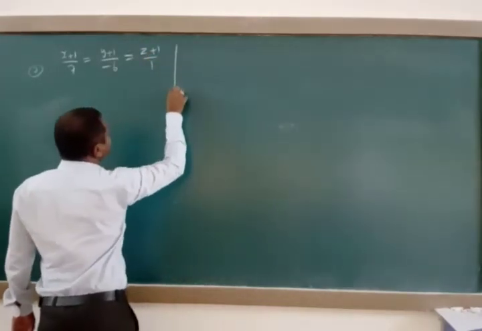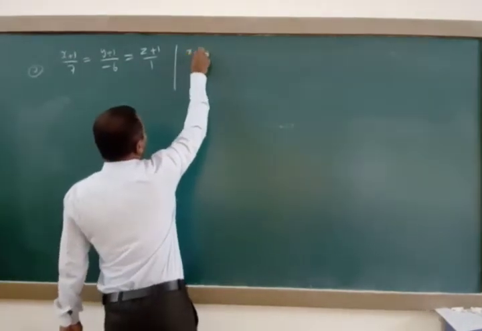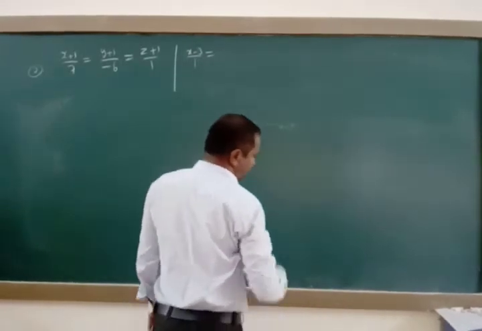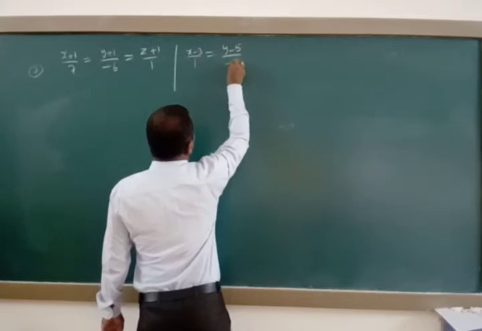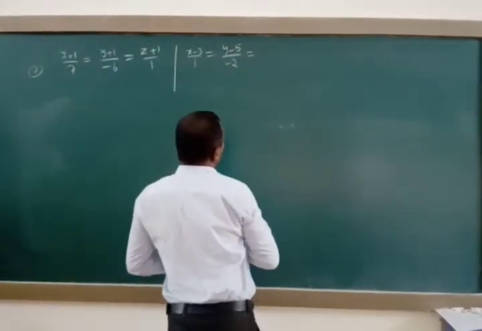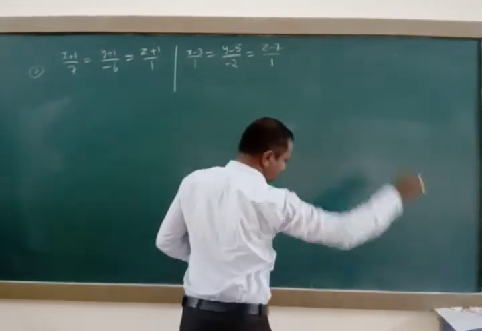Another line is x minus 3 by 1 is equal to y minus 5 by minus 2 is equal to z minus 7 by 1.